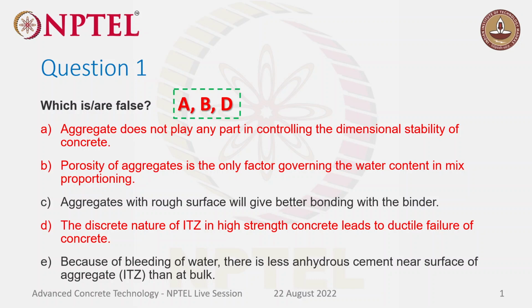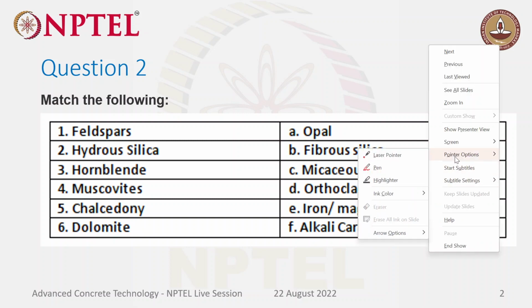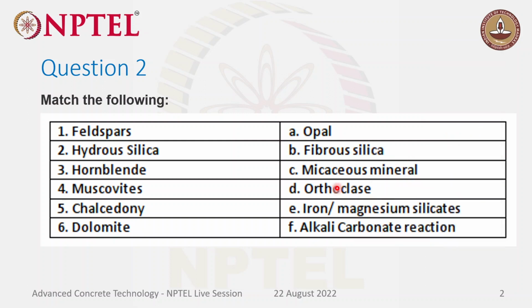So now let's move to question two. Question two is a match-the-following kind of question. Here you have to match the mineral type with its rock, and only for F it's alkali carbonate reaction.